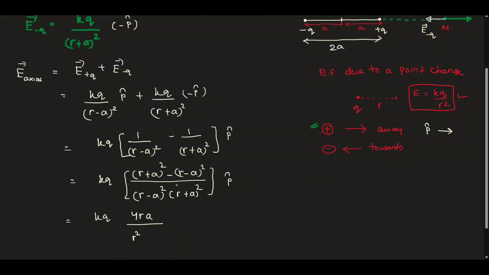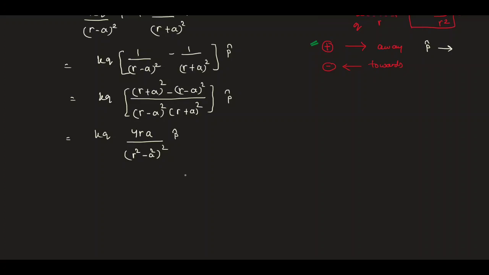It will be R square minus A square whole square. Then write P cap. So the next step, KQ, this 4RA can be written as 2A into 2R divided by R square minus A square whole square P cap.